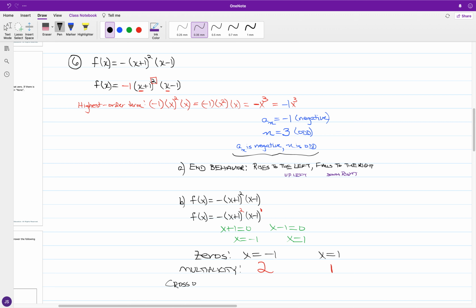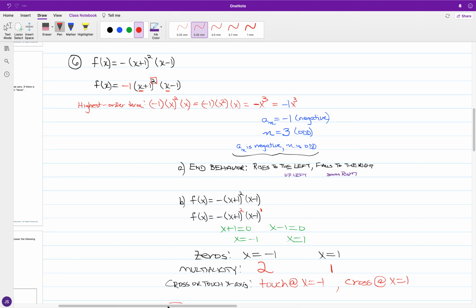And in terms of crossing or touching the x-axis, negative 1 has an even valued multiplicity, so that is going to touch at x is equal to negative 1. And since 1 has an odd valued multiplicity with the number 1, it's going to cross the x-axis at x is equal to 1.